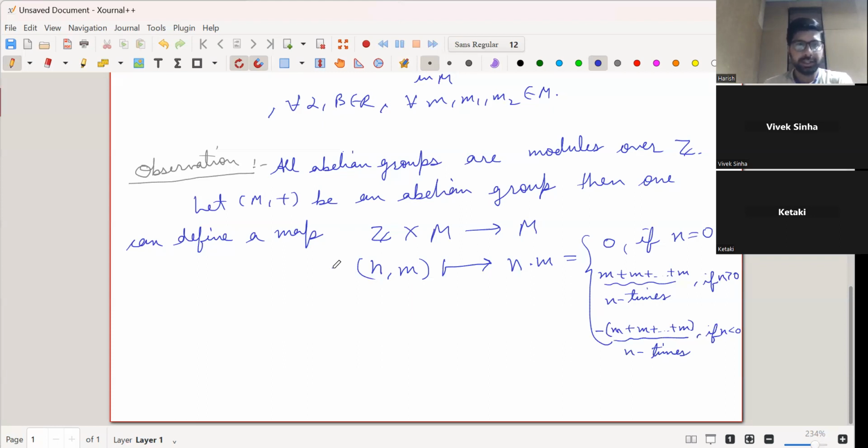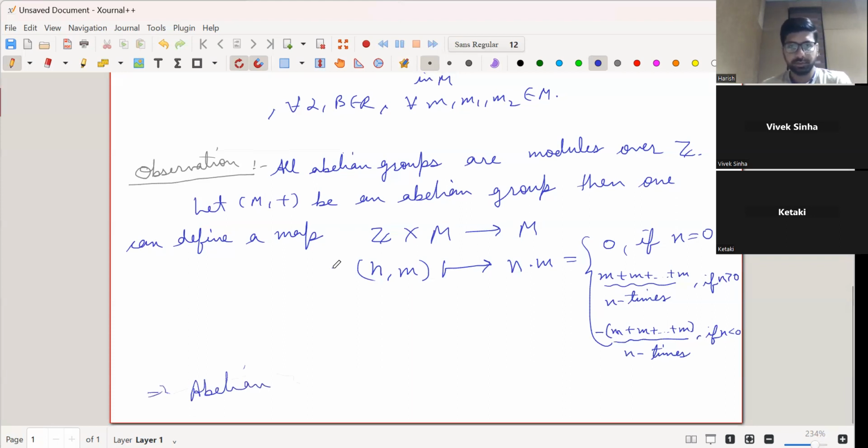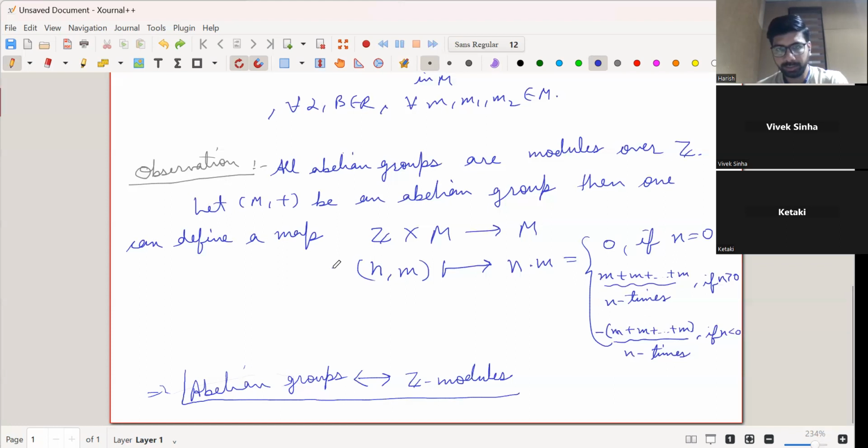So you can say that abelian groups are in one to one correspondence with Z modules, because every module is an abelian group, and every abelian group can be given a Z module structure.